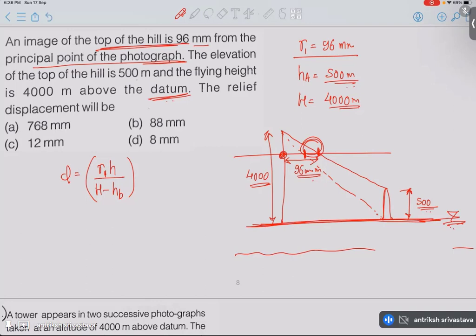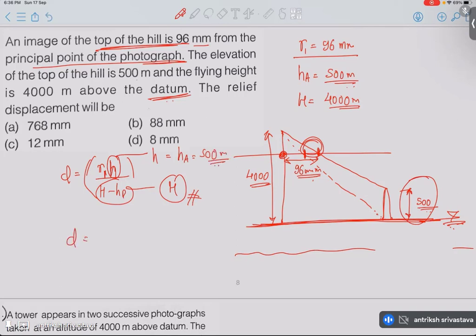So when we do that, H minus HB, HB becomes 0 first of all. H minus HB becomes H, the flying height, and our H, the top elevation of the top of the hill, becomes HA. So it becomes 500.